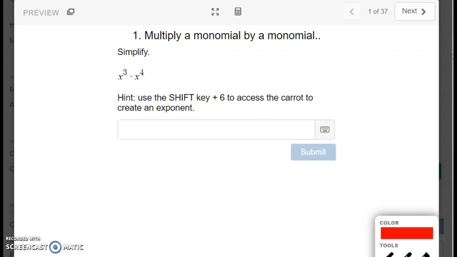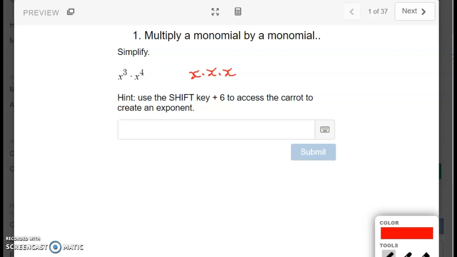Okay, we are starting really easy here. We are multiplying x to the power of 3 by x to the power of 4. The reason we are doing this is just to make sure that you are very clear on the exponent rule. This is the same as x times x times x, that's the x to the power of 3.